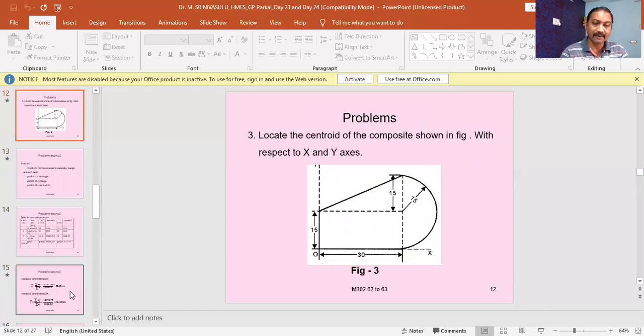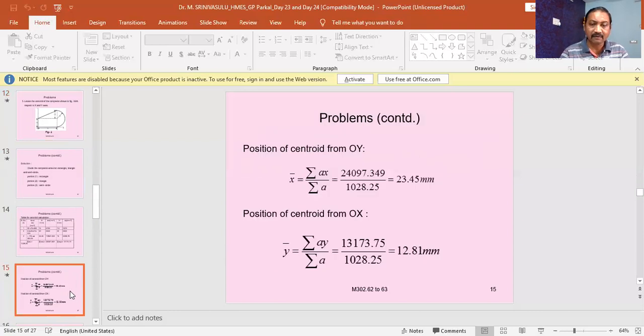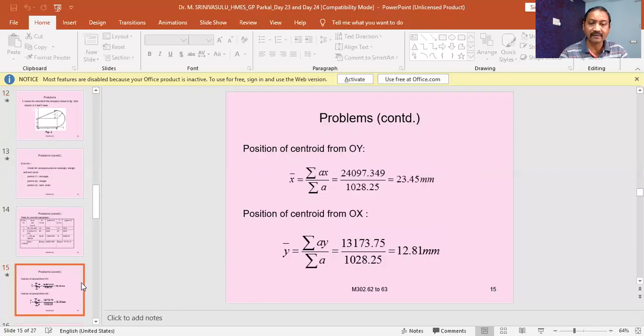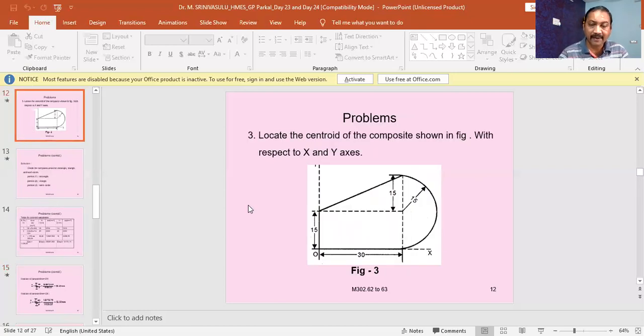So what are the values? X is equal to 23 and y is equal to 12.81. X is equal to 23 means somewhere here it is coming, and 12.81 means somewhere here.